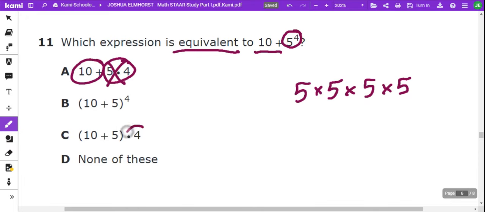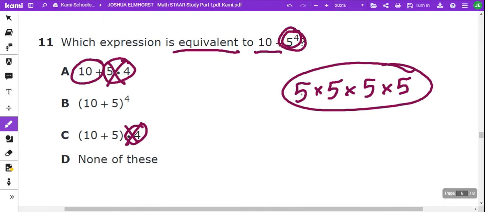And here, this is times 4, all of this times 4. And that's not what this is saying. It is only saying 5 to the power of 4. So we need something that says 5 times 5 times 5. Well, if we look at B, parentheses would be done first, and this is 15.